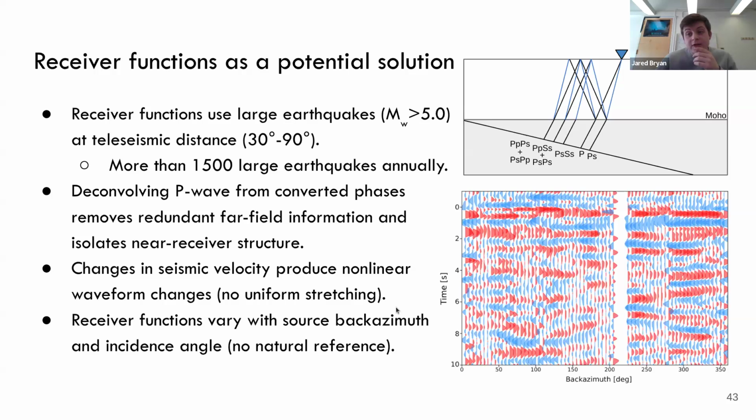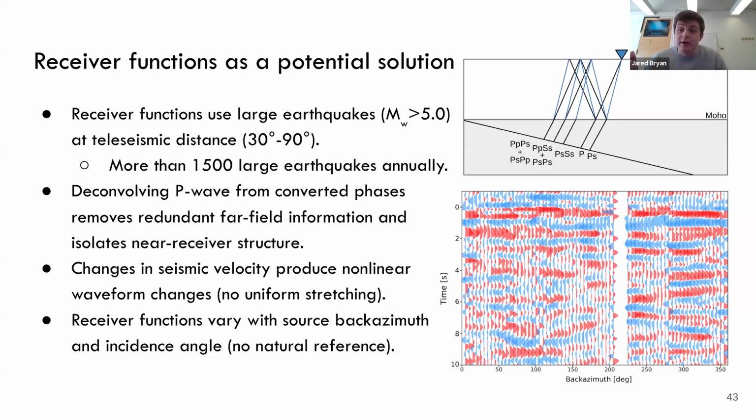The other main challenge that you take on by trying to do seismic monitoring with receiver functions is that, even removing most of this earthquake source variation and far field travel path information, you're still left with something that's not perfectly repeatable. Even depending on the distance of the earthquake to the station, the incidence angle is going to be different at the base of the crust.